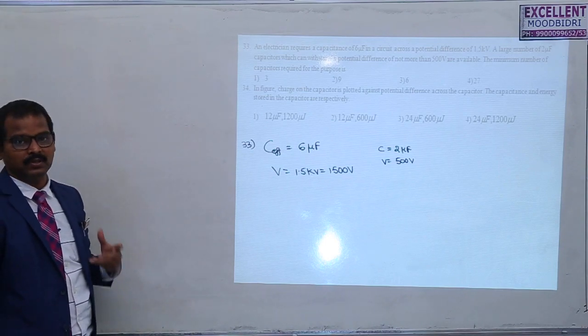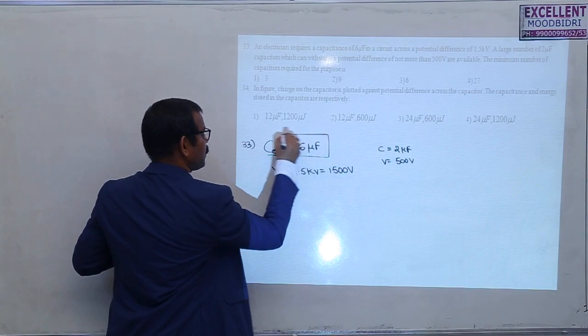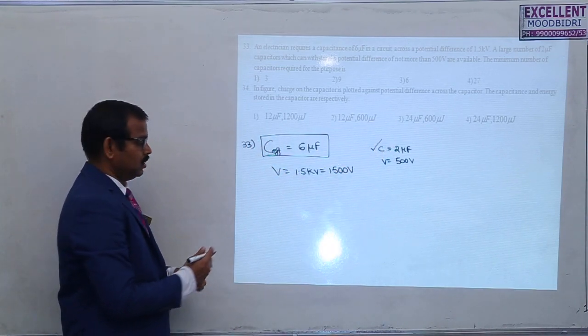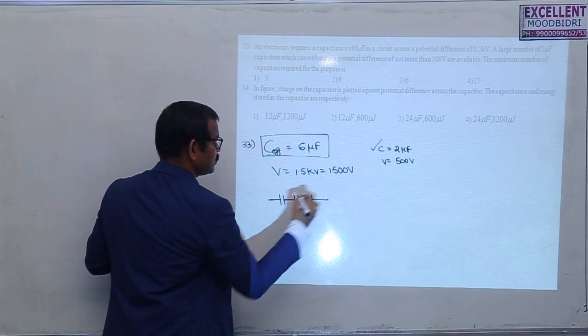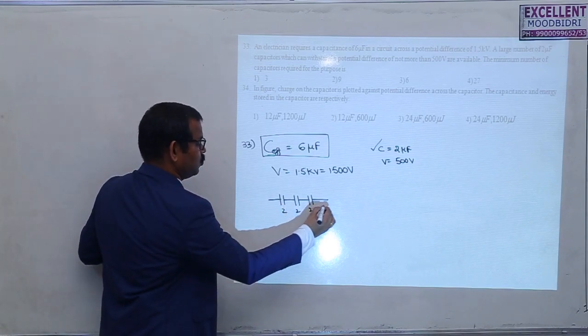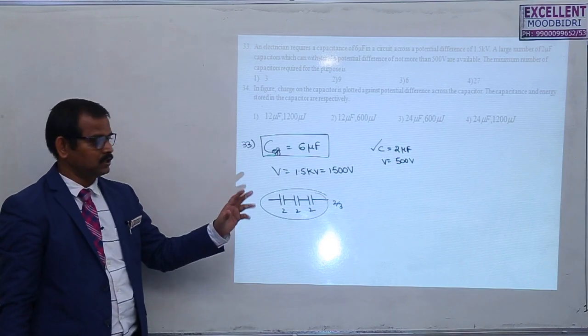The minimum number of capacitors required for this purpose is, first of all, if you want this total capacitance of 6 microfarads with these 2 microfarad capacitors, now first we have to connect them in series. If you connect them in series, this will be 2, 2, 2. The total capacitance will be 2/3. So this is not possible.